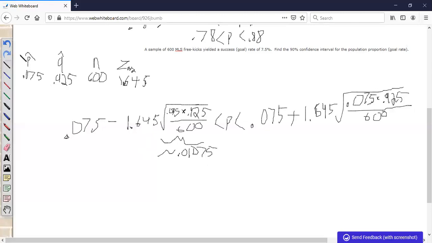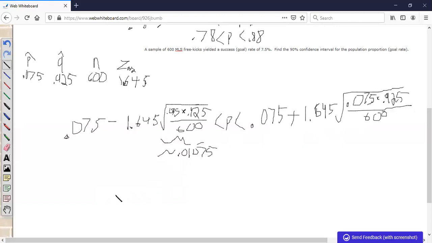I guess they're probably using an iPad instead of a mouse. But anyway, this is about equal to 0.01075. So here we just end up with 0.075 minus 1.645 times 0.01075 is less than p is less than 0.075 plus 1.645 times again 0.01075.